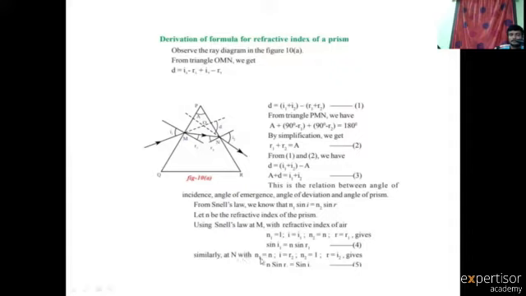Similarly, at N, with n1 equal to n, i equal to R2, n2 equal to 1, r equal to I2, this gives n sin R2 is equal to sin I2.